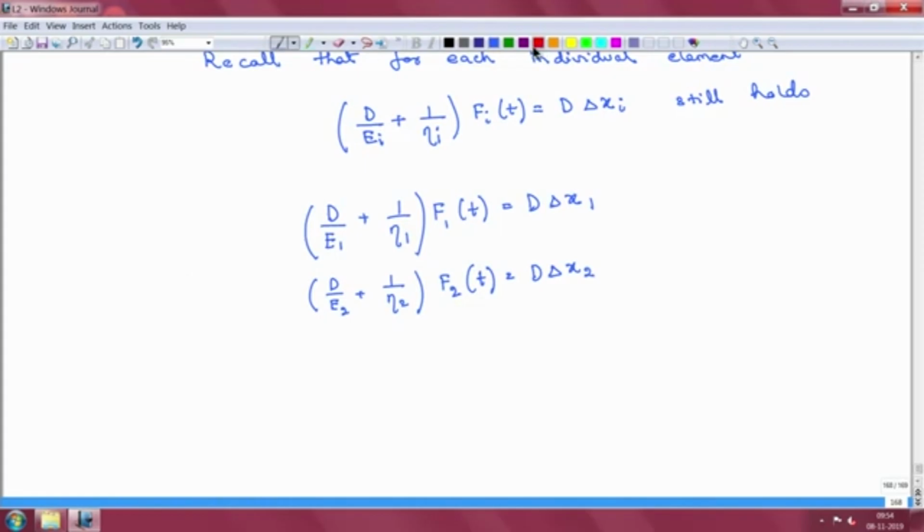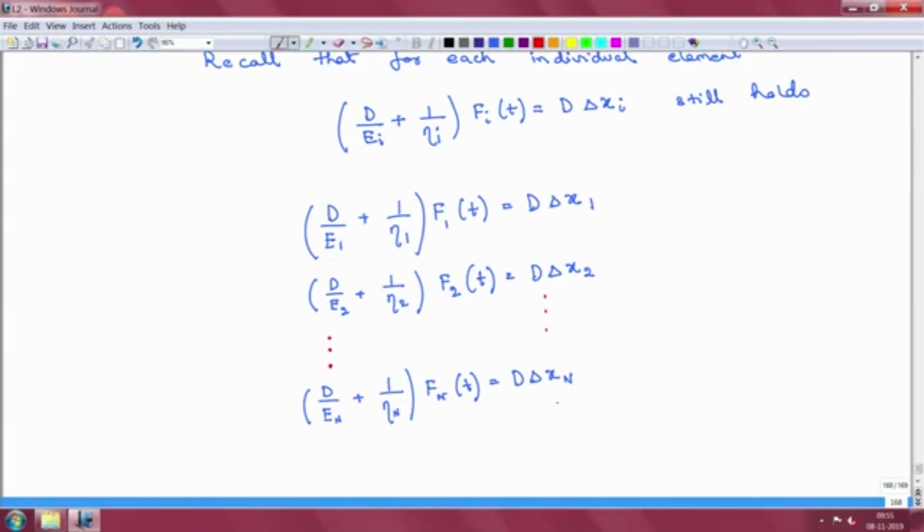So, this process will go on till I start writing the equation for the nth element. Right. So, we had said capital N number of elements are there. So, here the last term looks something like this. Sorry, this is not small n, this is capital N. Okay. So, these are the set of equations. So, you have N equations that we have written.